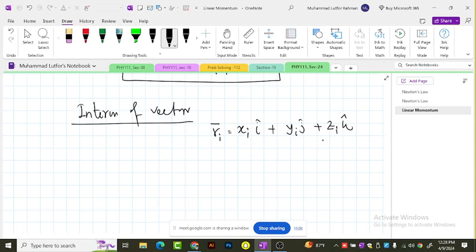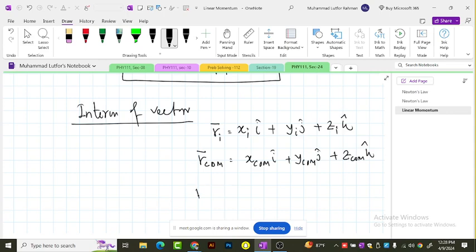That means for one particle i, it could be the 1st, 2nd, 3rd, 4th particle. By this analogy, we can write the r com: the same way, it should be x com i hat, y com j hat plus z com k hat, right?